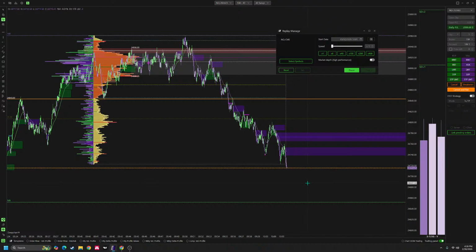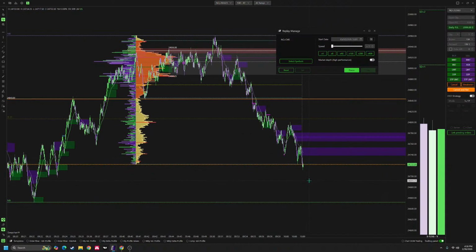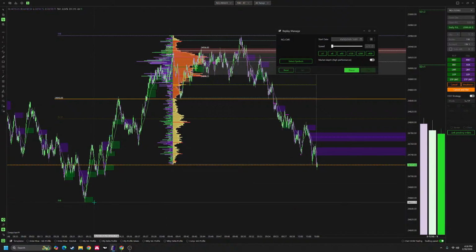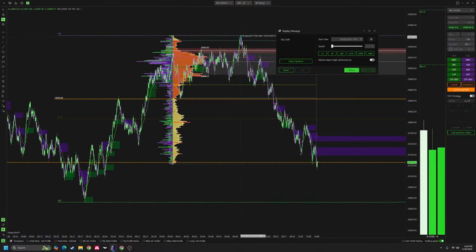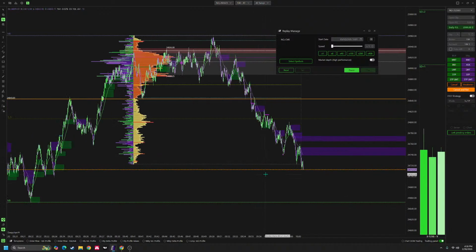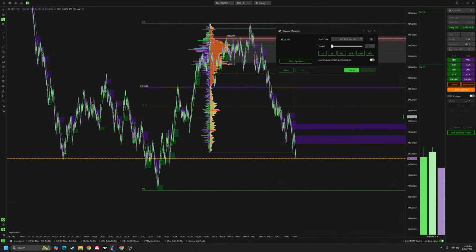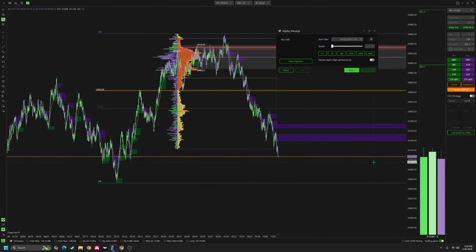Be interesting if we touch back all the way down to the IB low. It's insane. In an hour, we have 600 points of movement. Insane. Just getting wrecked.